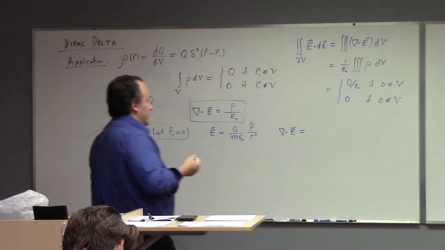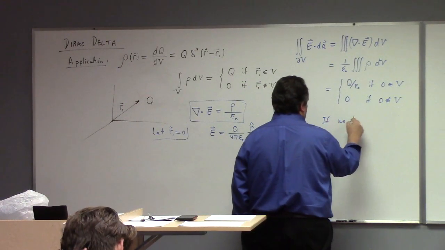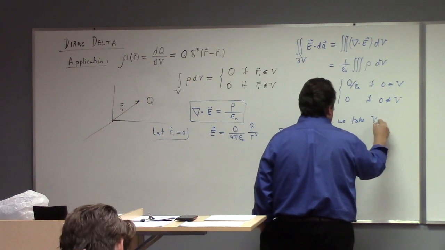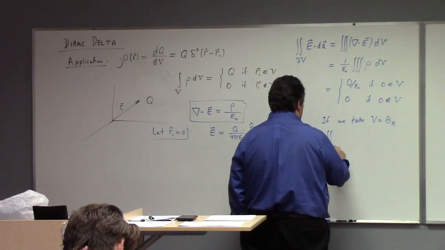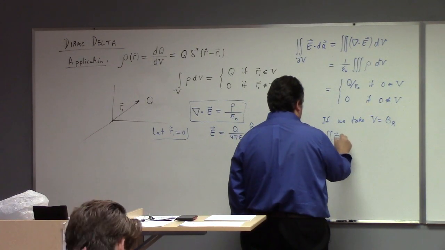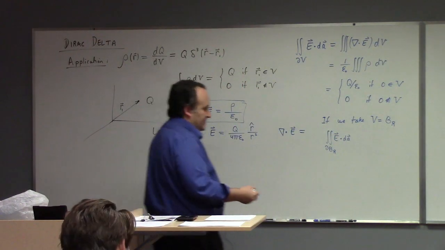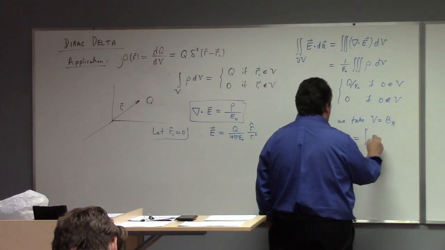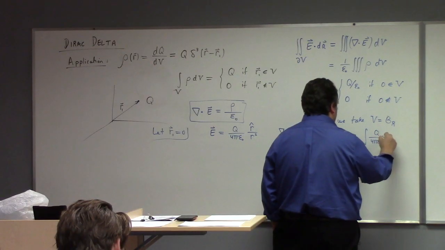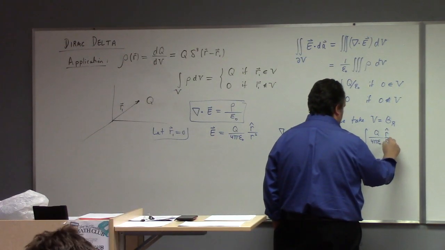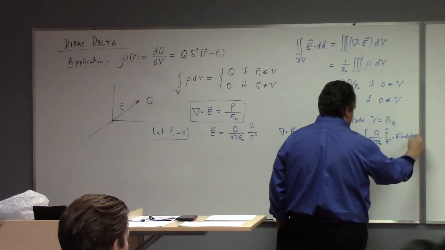Now, if we take the volume to be the ball of radius r, then the integral over the boundary of the ball of radius r of E dot dA is explicitly the integral of q over 4 pi epsilon naught, r hat over r squared, dotted with r squared sine phi d theta d phi.